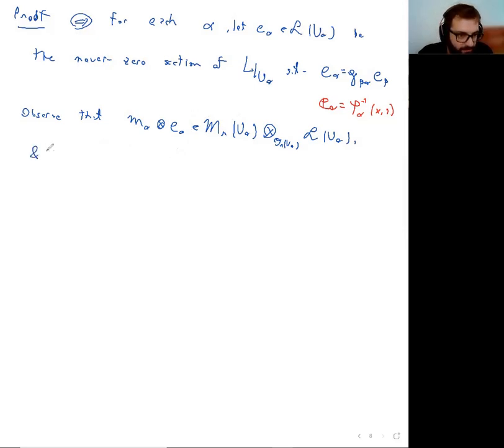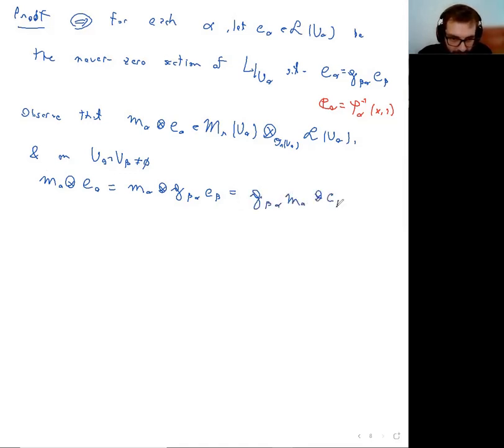But the nice thing is that on U alpha intersected U beta, if this is non-empty, we have that m alpha tensor e alpha is nothing but m alpha tensor g beta alpha e beta. And now, since this tensor product is over the sheaf of holomorphic functions and g beta alpha is a holomorphic function, this becomes g beta alpha m alpha tensor e beta.